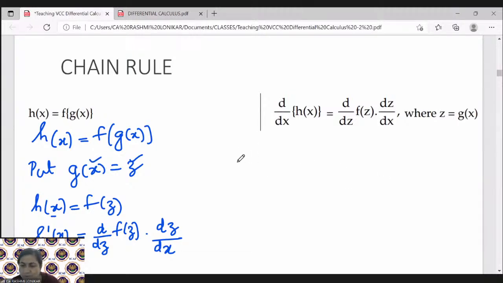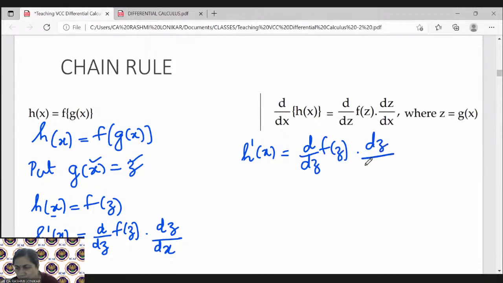So whenever I have such a question, my derivative will be equal to d by dz of f of z into dz upon dx. This you will understand when we take this example.